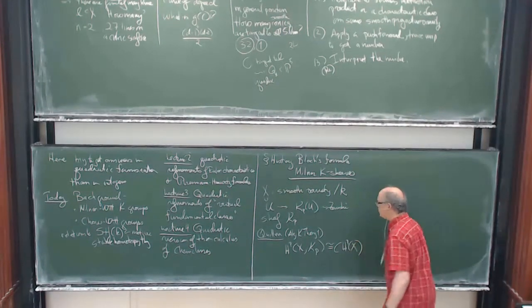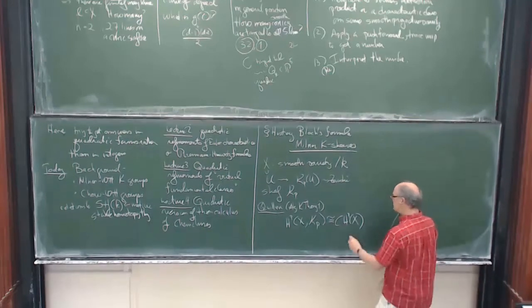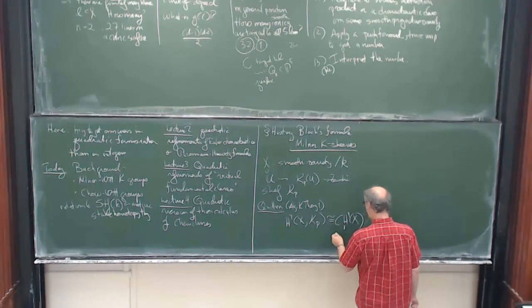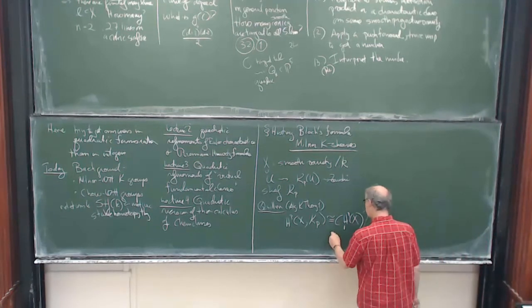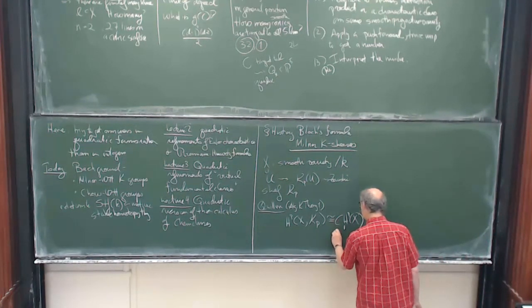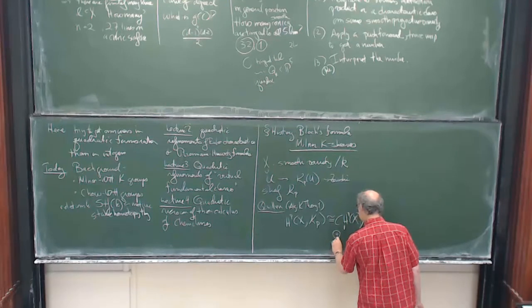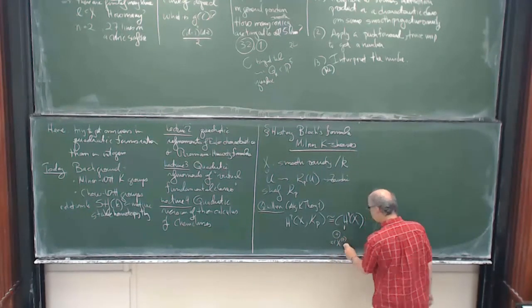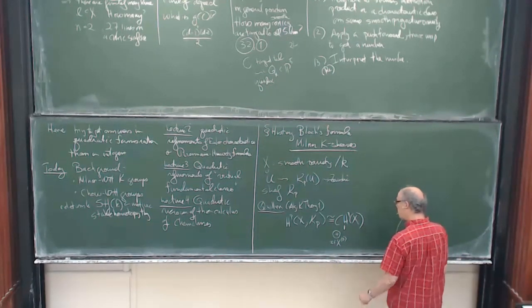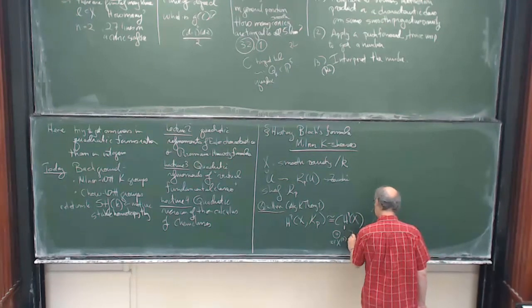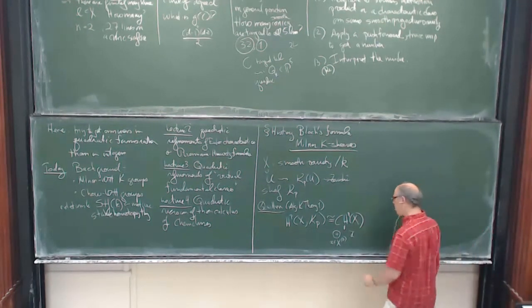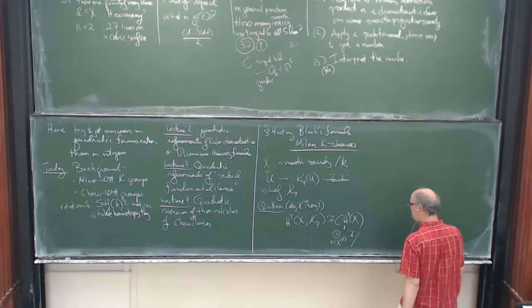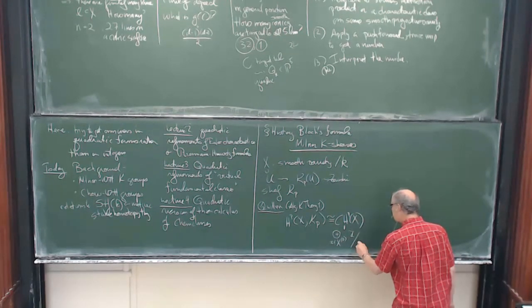So, and what's this? This is just equal to the algebraic cycles of codimension P mod rational equivalence. So let's write it this way. It's the direct sum over all points of codimension P. So I'll use this notation for the codimension P points on X of Z. This is just the free abelian group on the codimension P subvarieties, modulo divisors of functions.